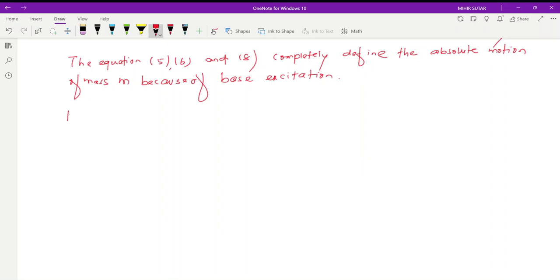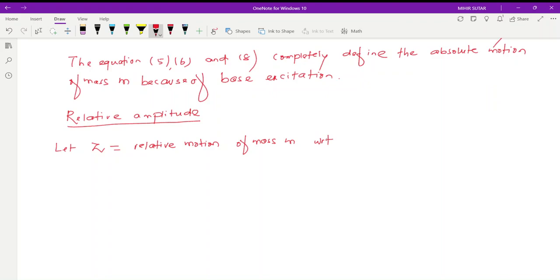So for relative amplitude, let z be the relative motion of mass m with respect to the support.